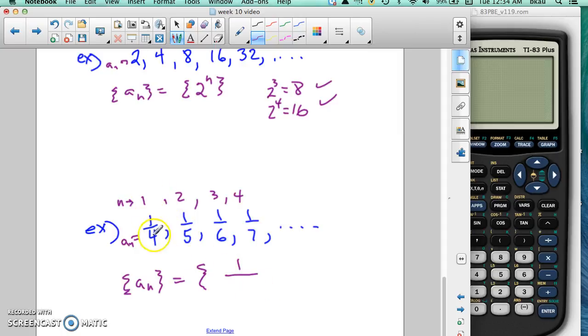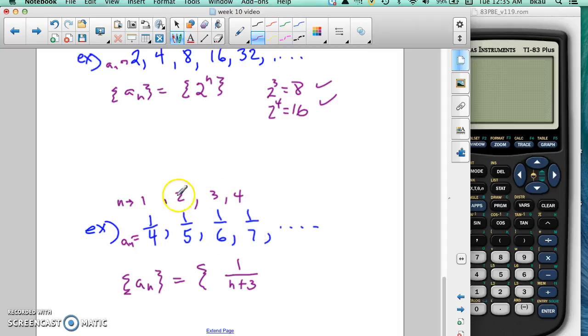Now we're going to look at how the denominators are related. It looks like there's a constant difference here. The denominators are 3 more than the n values, so that means it's going to be n plus 3. 1 plus 3 is 4, 2 plus 3 is 5, 3 plus 3 is 6, 4 plus 3 is 7.